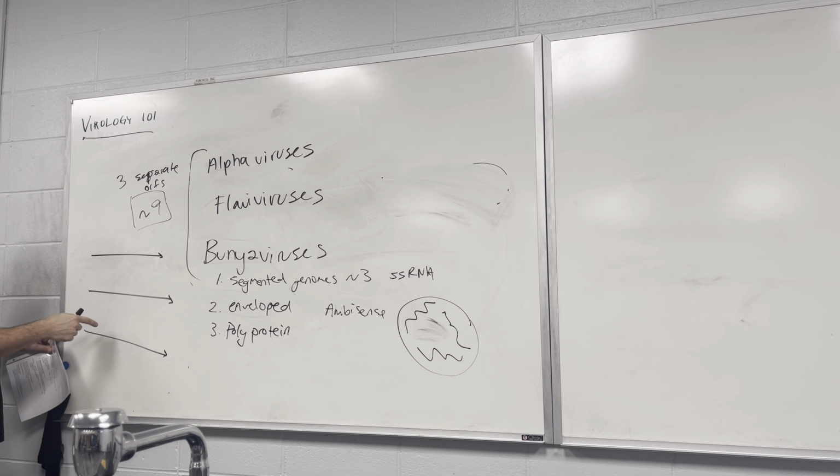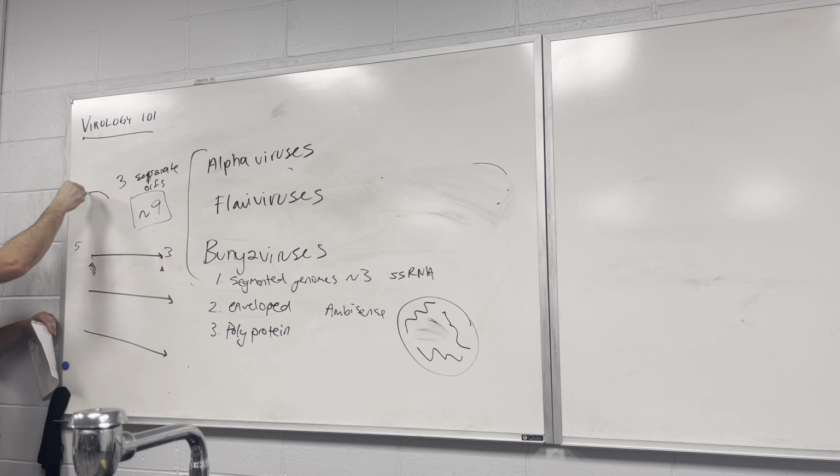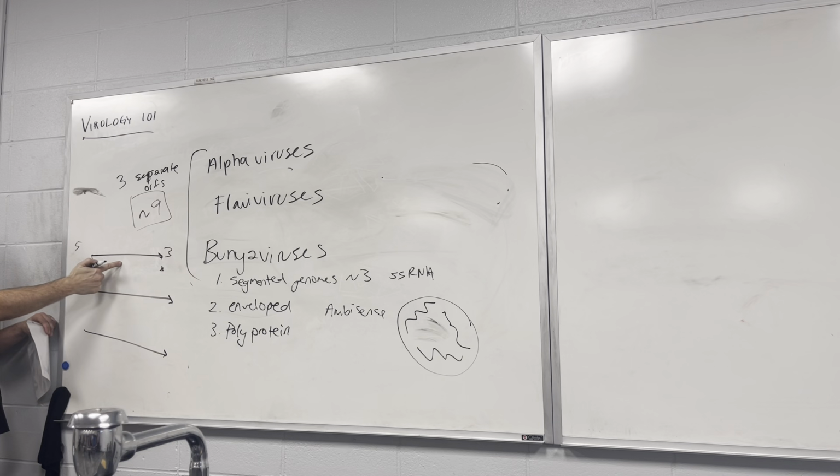So a polyprotein would be, imagine you had one of these with a start codon here and a stop codon here. You could encode what's called a giant polyprotein. Imagine this got taken by the ribosome and made into a big protein, and then a protease, like scissors, came and cut that in 2 spots.